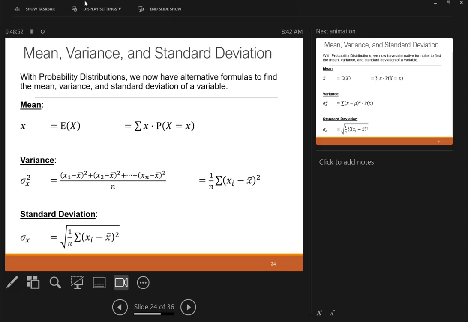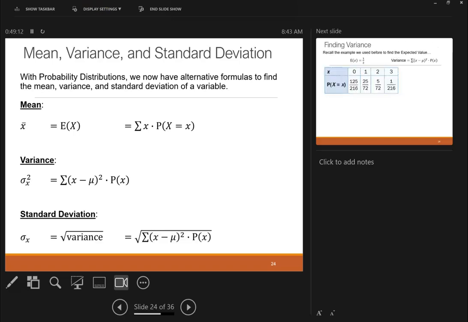The over n part is why it's multiplying by the probability there. You can remember probability is like part divided by total. Since we're dividing by total, that's why the probability gets stuck in there.